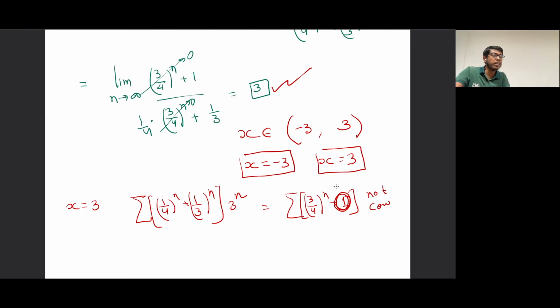Similarly, if you take minus 3, you will be getting minus 1 and that will also not converge. And therefore, the region of convergence is this minus 3 to 3 open interval. Okay. So this is clear to everyone. So we can proceed to the next problem.